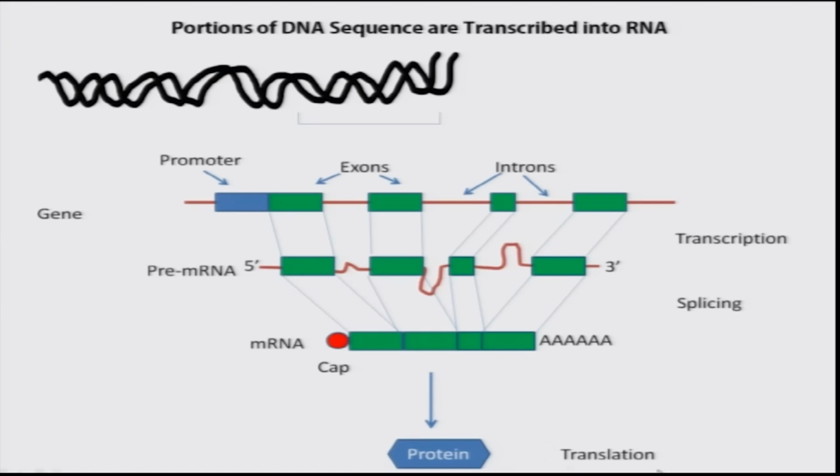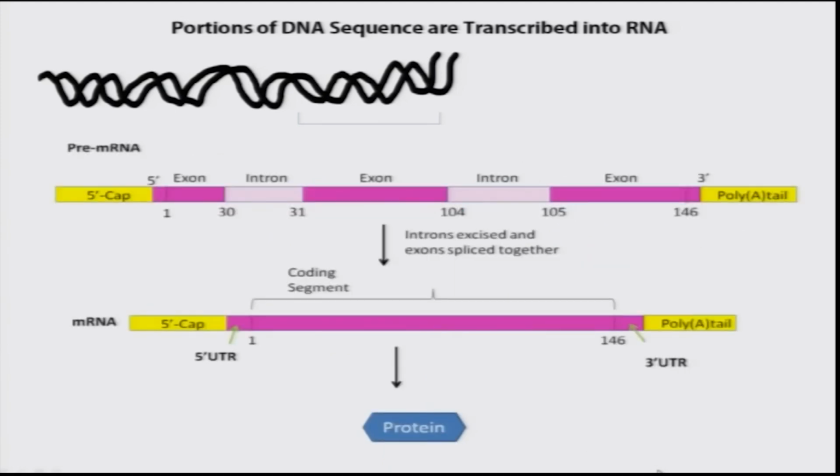This happens using a very dedicated set of machinery, which involves ribosomes, tRNA, and many other factors. What is interesting is how this intronic element, which is normally removed in the RNA, how that removal, or what you call splicing, takes place.